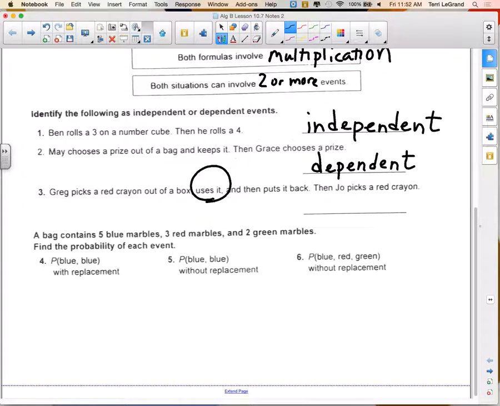The red crayon went back in the box, so this is independent. You get to put an X through this and say, that really doesn't matter. Using it does not matter. What matters is put it back. So sometimes it puts some words in there that might throw us off. We've got to process through that. Okay?